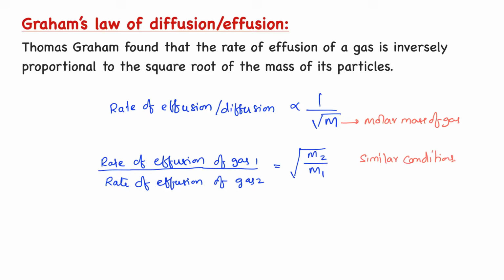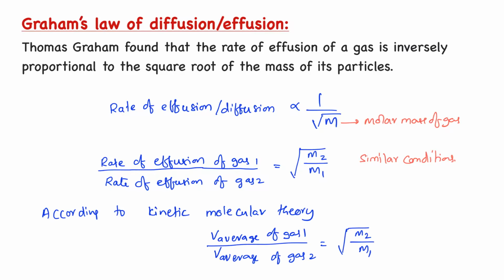This is exactly what was predicted by the kinetic molecular theory of gases, that is, average velocity of gas 1 divided by average velocity of gas 2 is equal to the square root of molar mass of gas 2 divided by molar mass of gas 1. In this case, the rate of effusion depends on the average velocity of the gas.